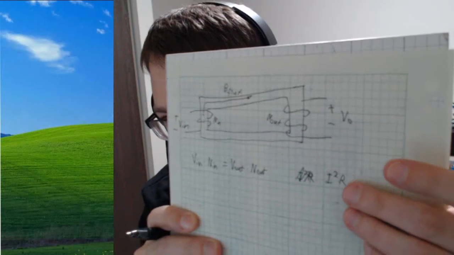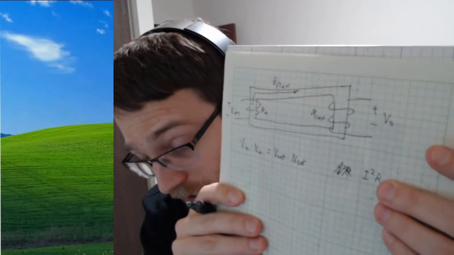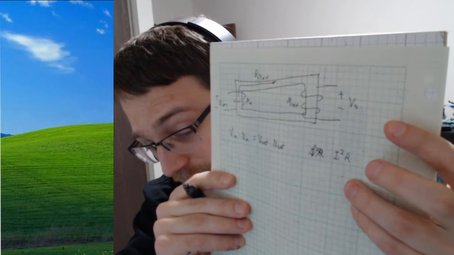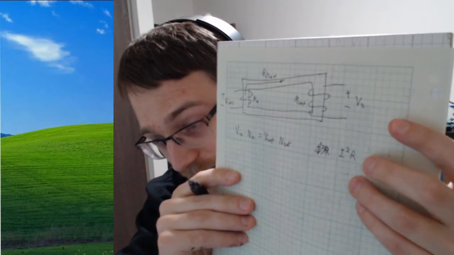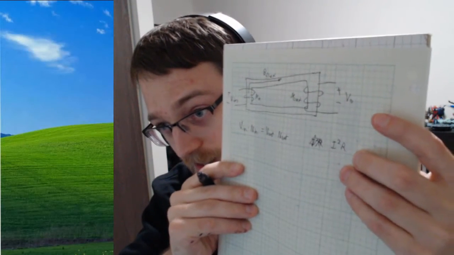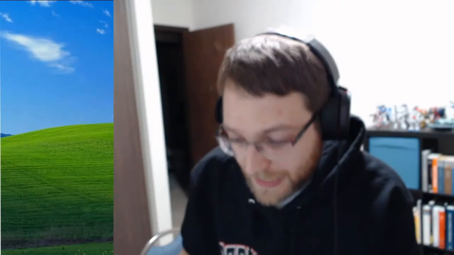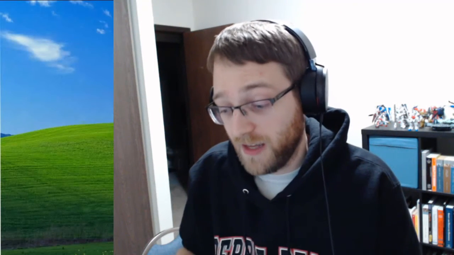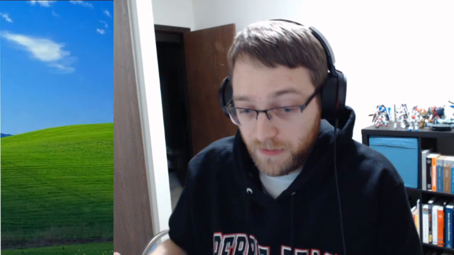The point is, by increasing the voltage, you reduce the current that's going through it, right? And the losses in any given line, any given resistor, are the square of the current times the resistance. So any conductor has resistance built into it. That's just sort of a fact of it existing.